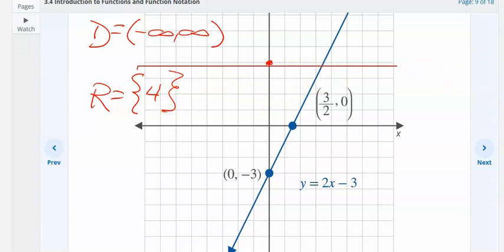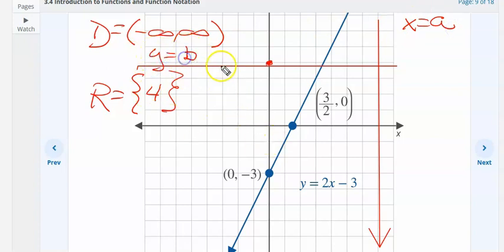And then adding one other line here. Let's do one vertically. Let's see if I can get it right on the line. There we go. What would be the domain and range of a vertical line? Remember, this is x equals a, and this horizontal line was y equals b from our other lessons.